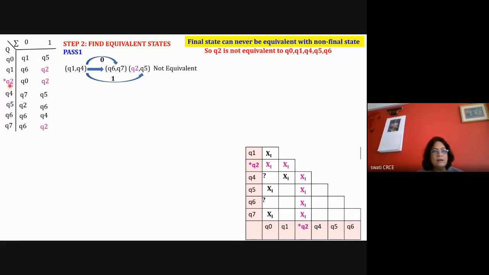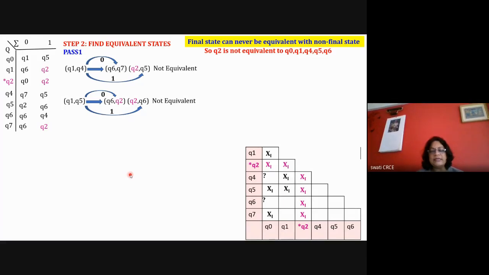Now I'll take the next pair Q1 and Q5. For Q1, Q5 also I'll write down the transitions for 0 and 1 input symbols, and in both the pairs, one is final and one is non-final. So Q1, Q5 is not equivalent, and I'm writing a cross here.